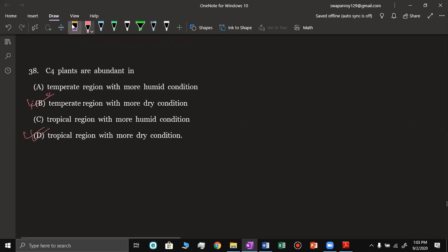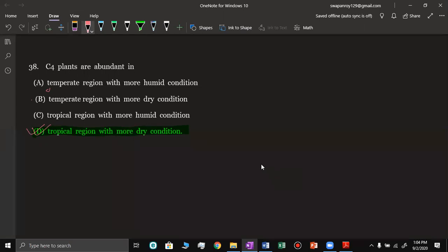This will be the answer. The tropical region with more dry condition. C4 plants are common in the tropical dry condition.